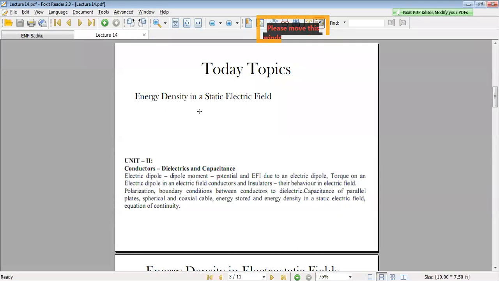So when you are using a stationary electric field, how much energy is needed to move different charges, whether 2 charges, 3 charges, 10 charges or 20 charges? Independent of the number of charges, how much energy density is required to move the point charges in a static electric field? Remember, it is a static electric field.